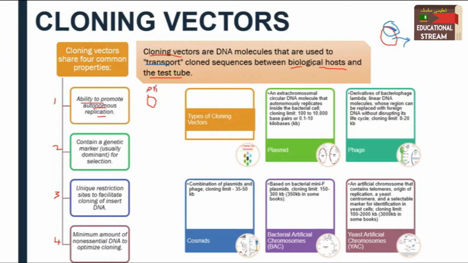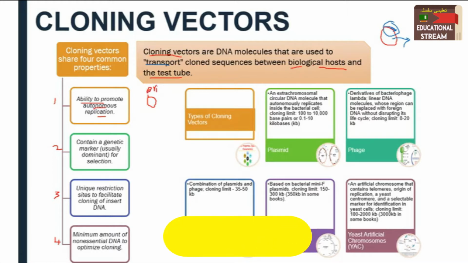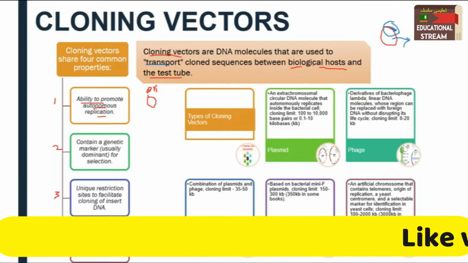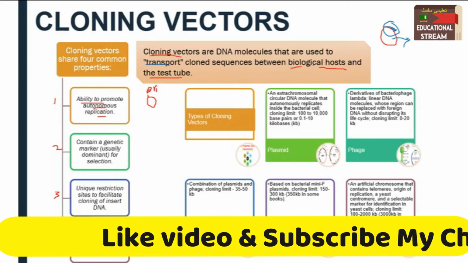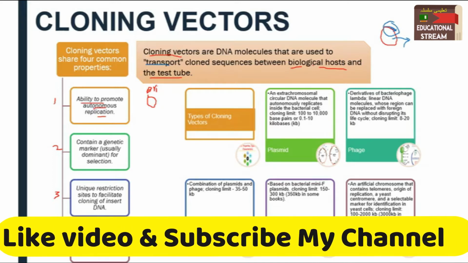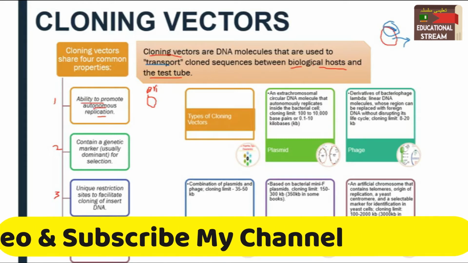So this is the origin of replication which is important for the start of the replication process. So the molecules which possess their origin of replication are known as autonomous molecules. They should be able to start the process of replication by their own.